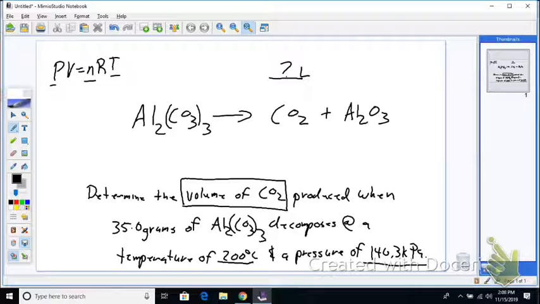So what we have is we have 35 grams of this. So then we've got to find the moles of it. So then we've got to find the weight of Al2CO3. So we got 2 aluminums times 26.98. We've got 3 carbons, 12.01.